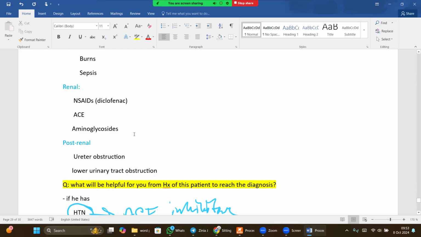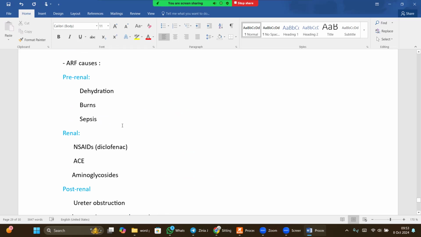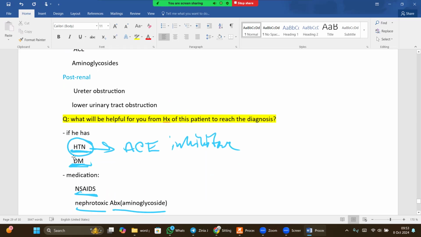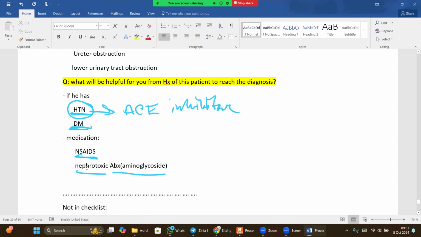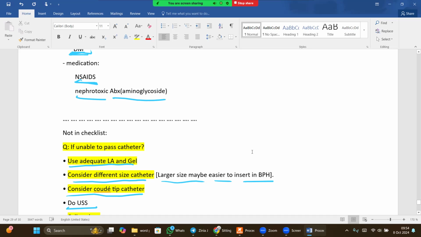The patient may be immunocompromised, so there is a chance of sepsis, and medications such as NSAIDs, nephrotoxic antibiotics like aminoglycosides.